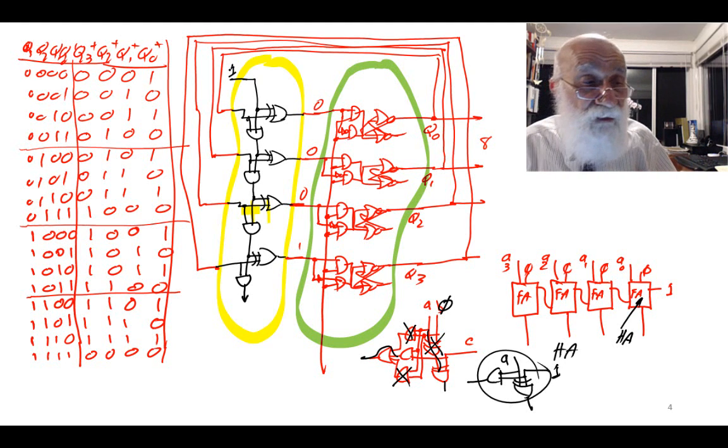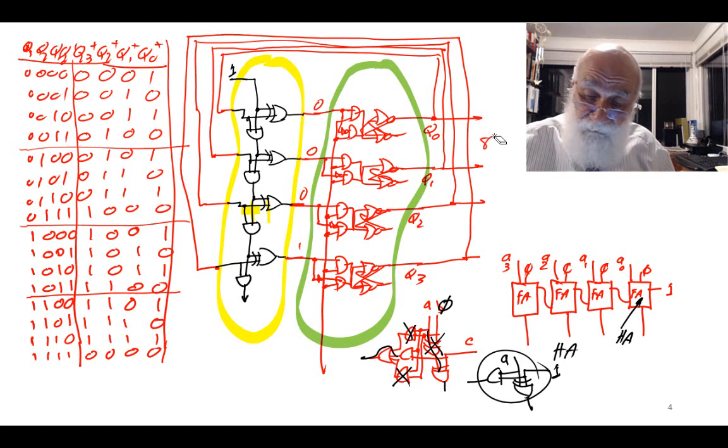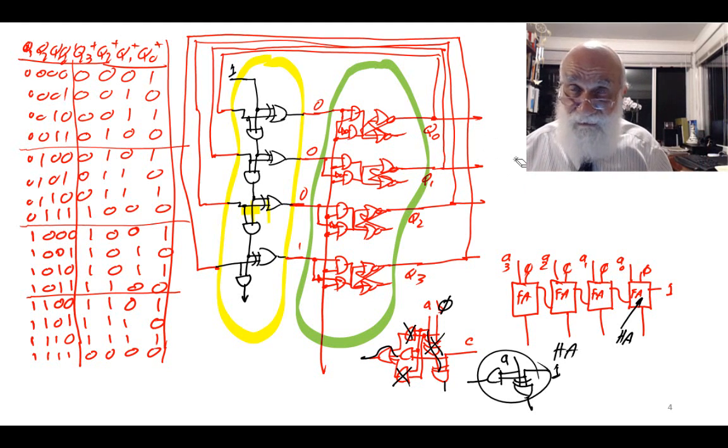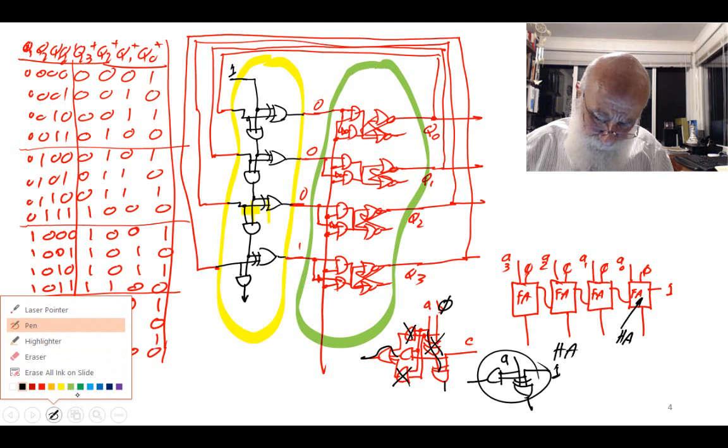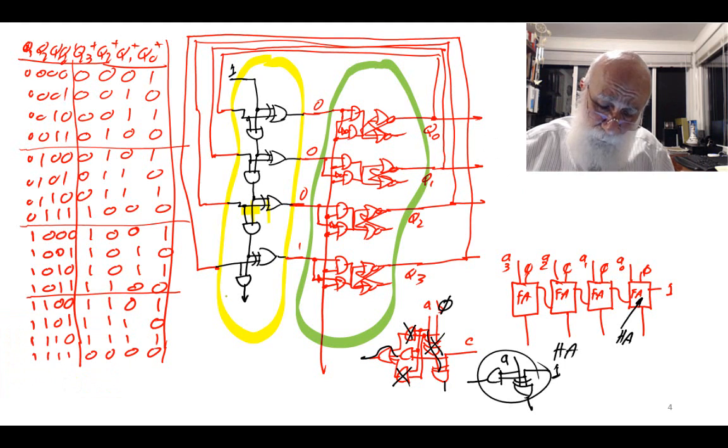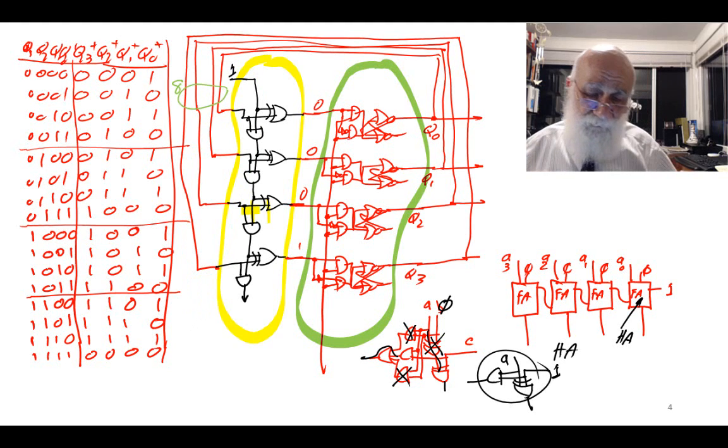The circuit works supposedly as an incrementer. Let's say at one point in time, I have number 8 on these inputs.